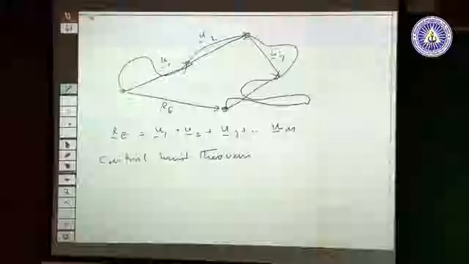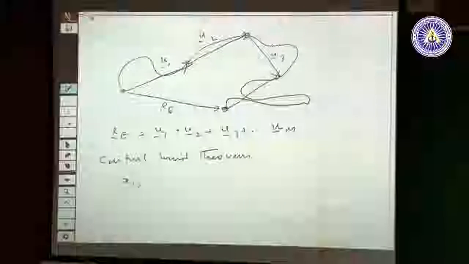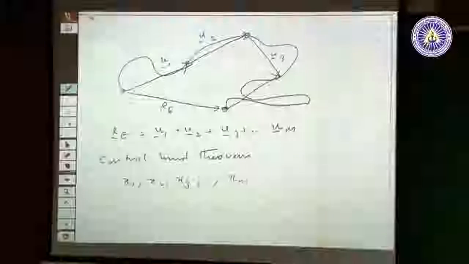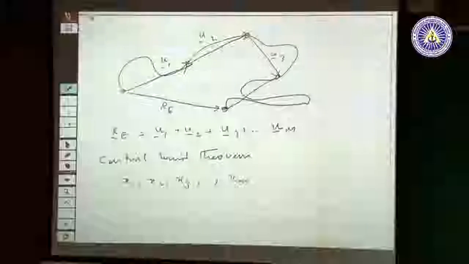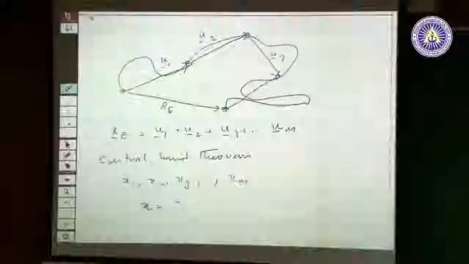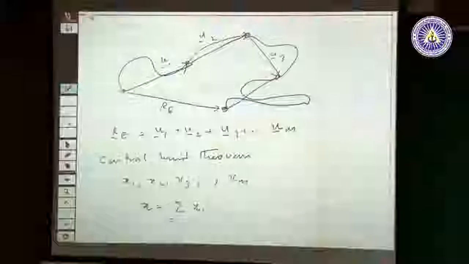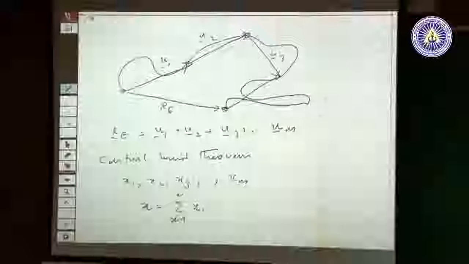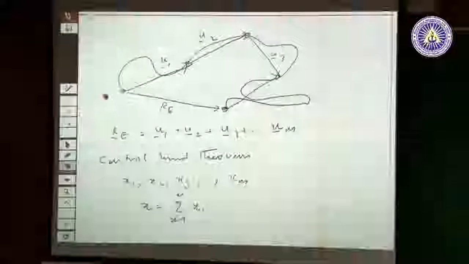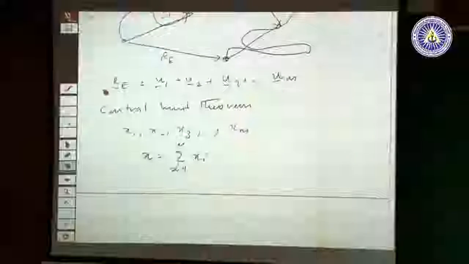which says that if I have a bunch of random variables x1, x2, x3 all the way to xm, and they are all identically distributed, then their sum is distributed by a Gaussian distribution. Okay.